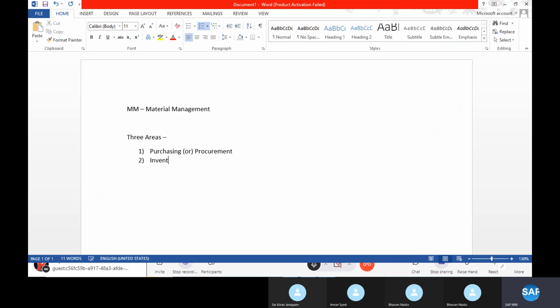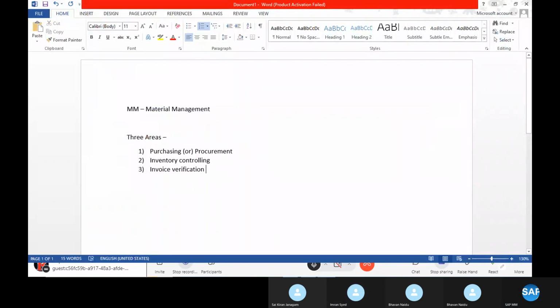Then inventory controlling, and invoice verification. So these are the three areas we are covering in material management. Clear? Yes, sir.